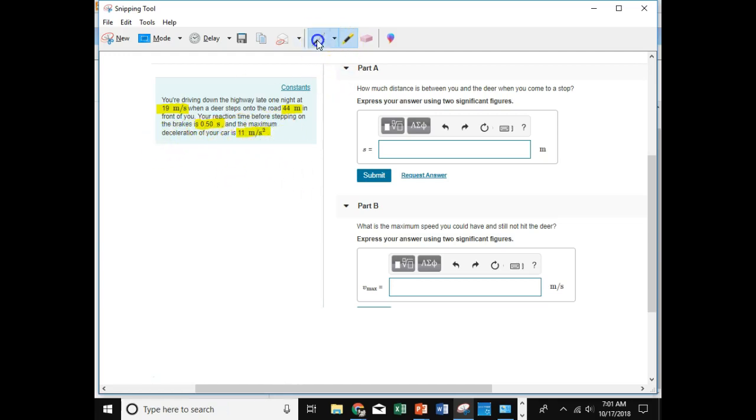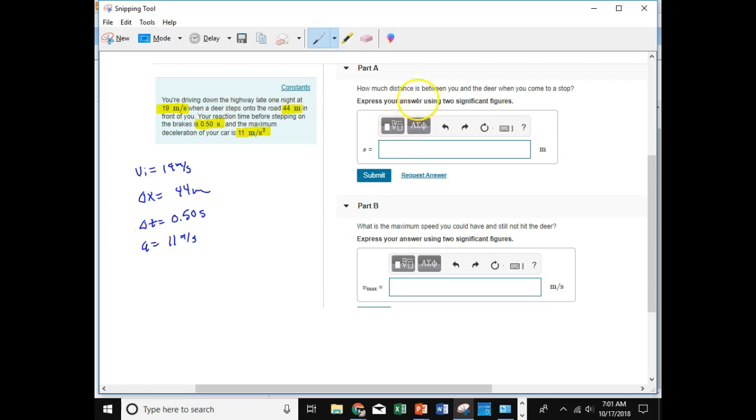So it's giving you a whole lot of information. Let's go ahead and write that down. Initial velocity is 19 meters per second, delta x of 44 meters, delta t of 0.50 seconds, and acceleration of 11 meters per second squared. In fact, the only thing it's not giving you is VF, so that should give you some ideas of which equation to use.